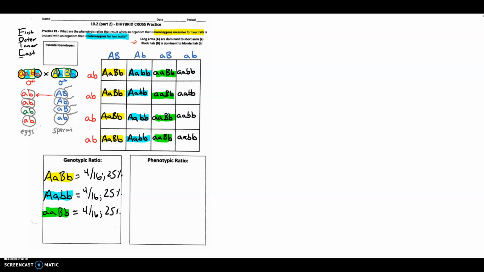And then last but not least, this last column is homozygous recessive for both traits, little a, little b, and that's equal to 4 out of 16, which is 25%. And let's color those purple.